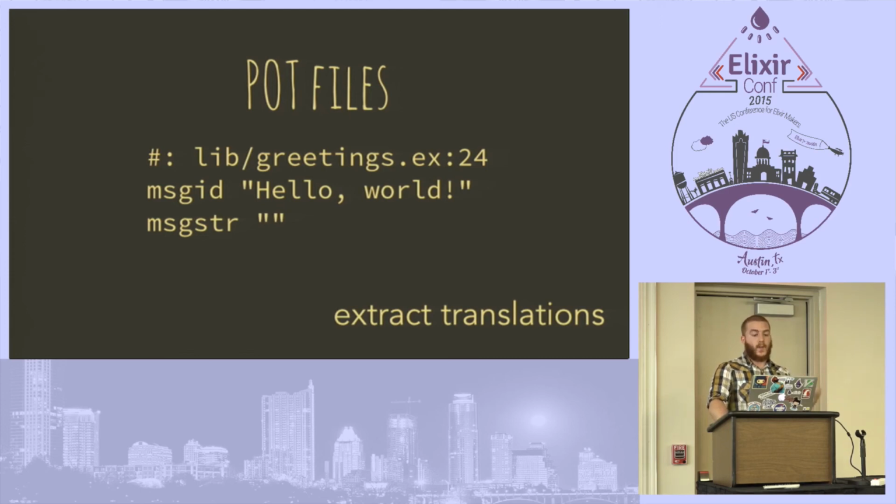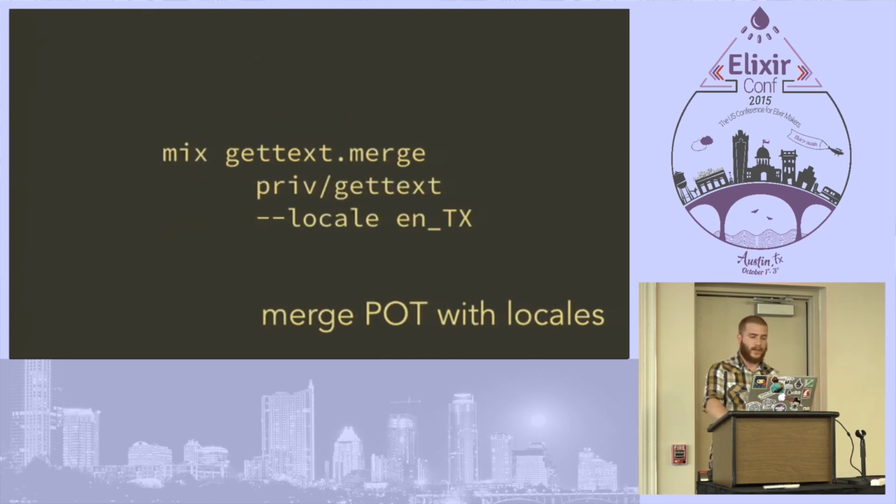Once we have all these POT files, we hand the application to translators that are going to translate it. What they will do is call the mix gettext.merge task. gettext.merge is used both to create actual PO files from POT files, as well as update PO files from updated POT files. I'm going to talk about this in a minute. Basically, you call gettext.merge with a directory full of POT files and with a locale.